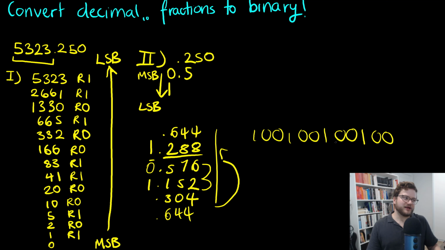But essentially, if you have to keep going like this, then do as many as you're told to do, or do it till you're satisfied with how precise the decimal point is, because you know that there are things like irrational numbers. There are numbers where the decimal point will keep going for ages and ages. So do it till you're satisfied.